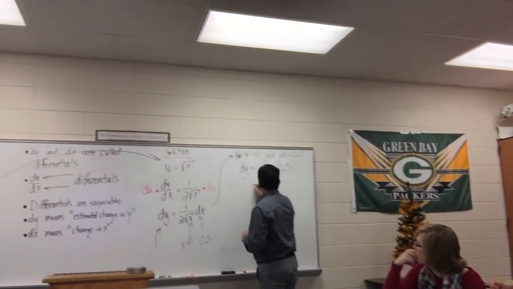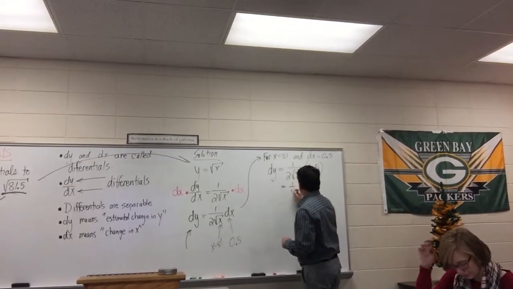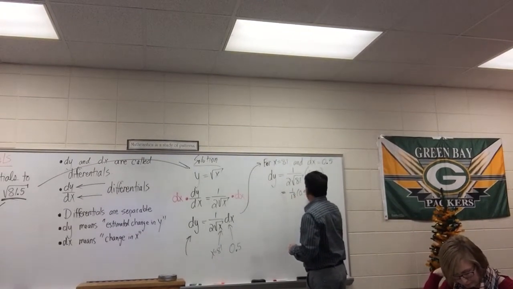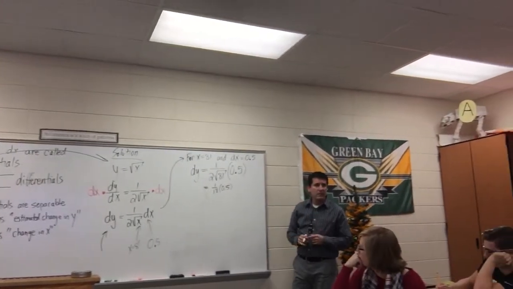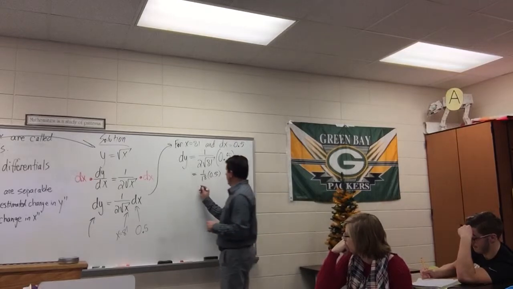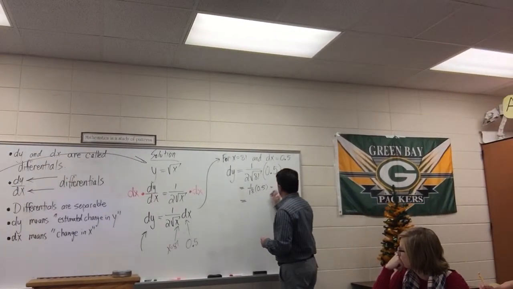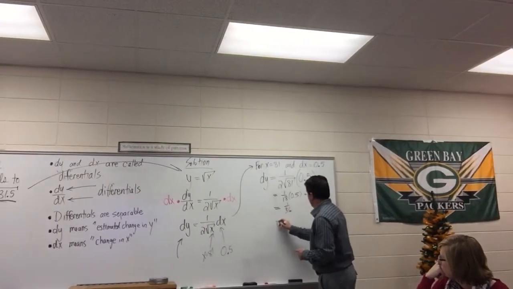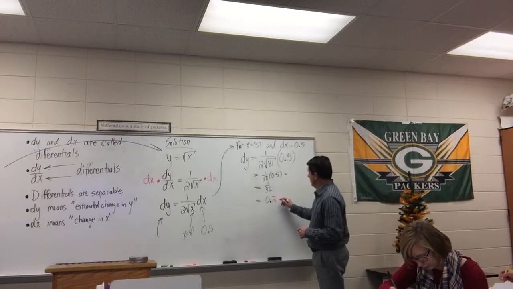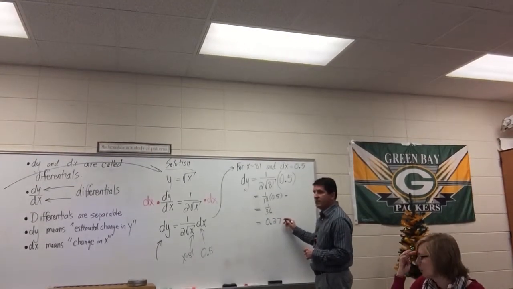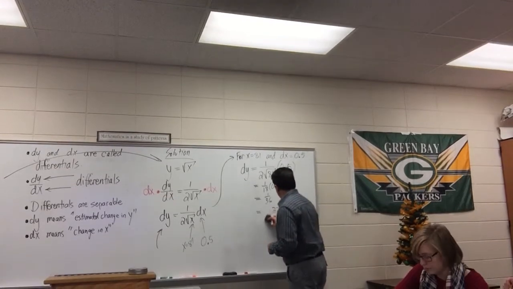So look at what happens here. The square root of 81 is 9. So this is our 1/18th times our 0.5. Doesn't that look familiar? That's what we had over there. Okay, what is this answer? Well, this is 1/36. 0.027 repeating?